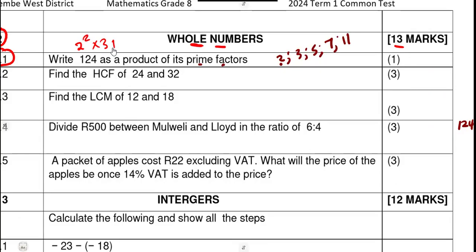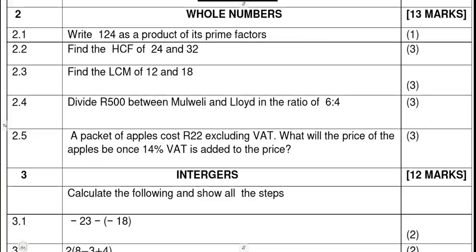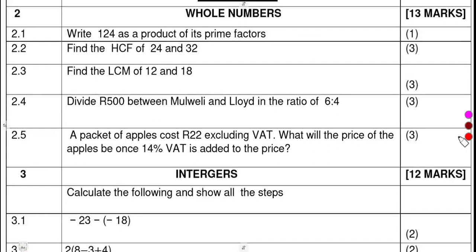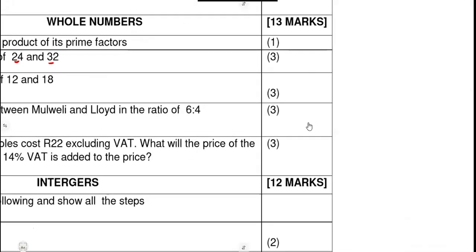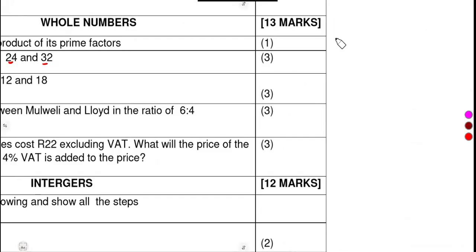Just like that. All right, moving on to the other question that we are given, 2.2. It was: find the HCF, the highest common factor of what? 24 and 32. So remember, this must be common between these two numbers, the highest common factor. All right, so let's have our numbers as a product of their prime factors.